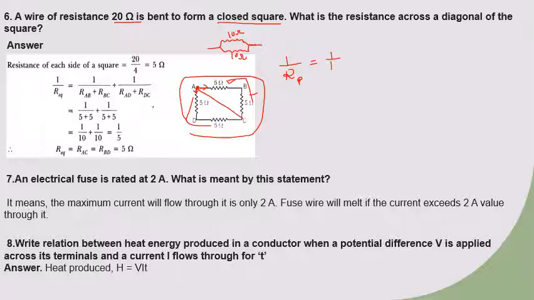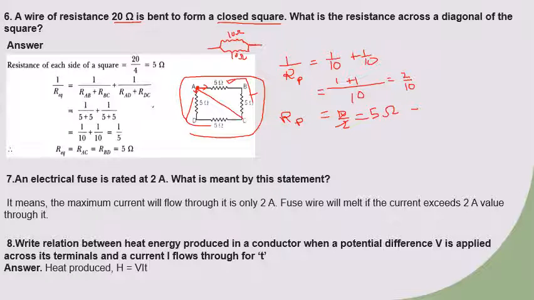So I'll be getting 1 upon 10 plus 1 upon 10, and if I take out the LCM, 10 and 10 is 10. So it is 1 plus 1, which equals 2 upon 10. If 1 upon Rp is 2 upon 10, then Rp will be 10 divided by 2, which is 5 ohm. Simple. Now let's do the next question.